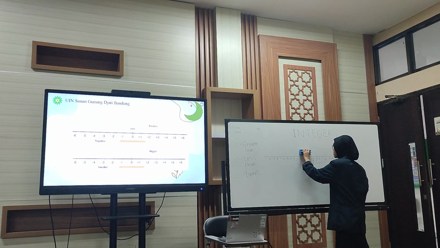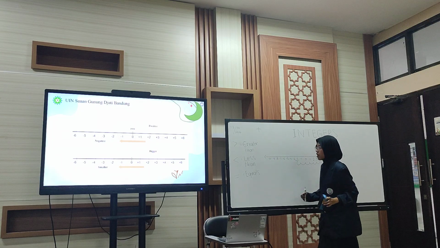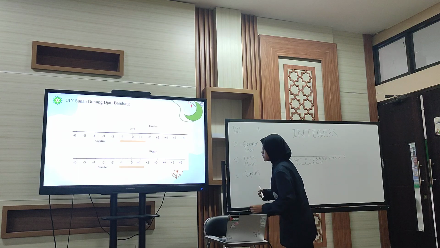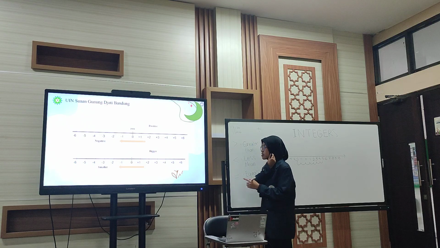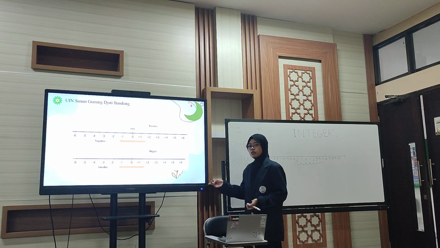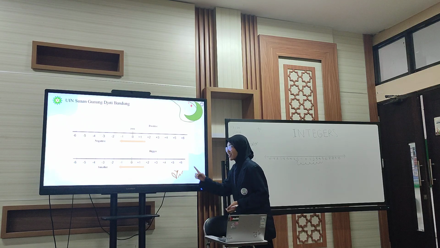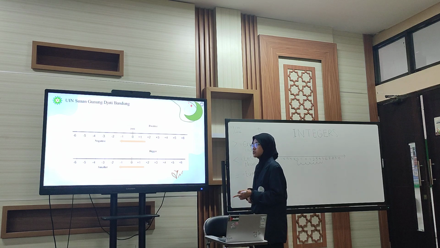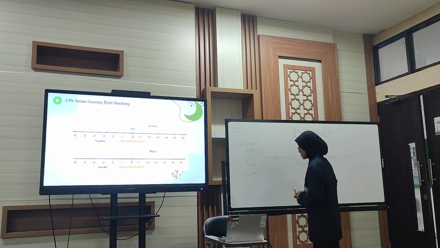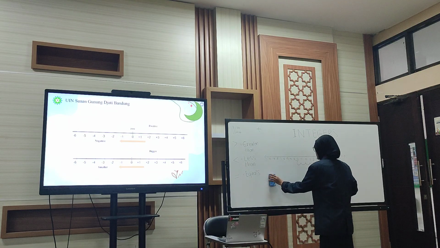The number on the right is always bigger than the number on the left. So if the number on the left is smaller than the number on the right. Okay, let's look at the example.